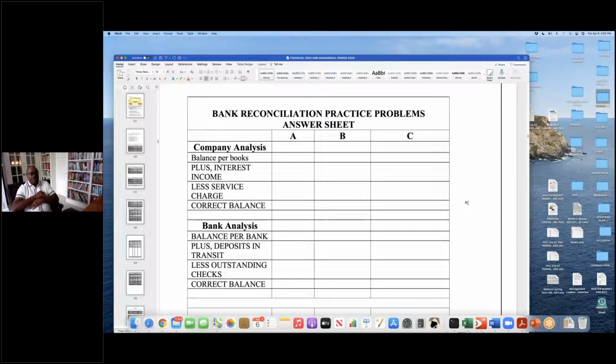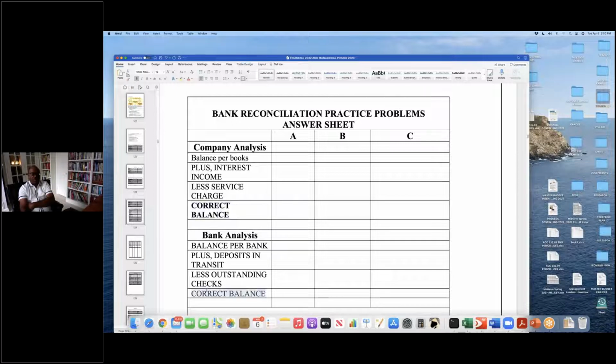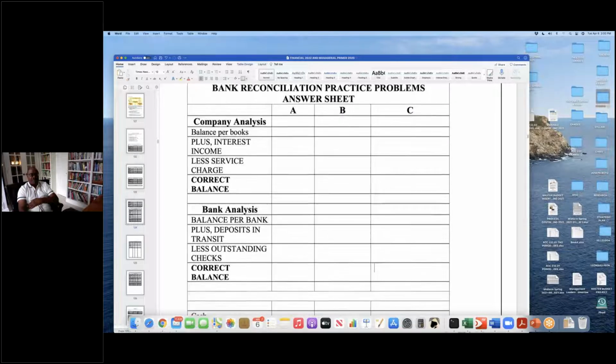So can you do a simple bank reconciliation with these correct balances being the same? Professor Boyd, are we taking from the bank reconciliation practice problems, or are we just taking those numbers and jotting them down here?